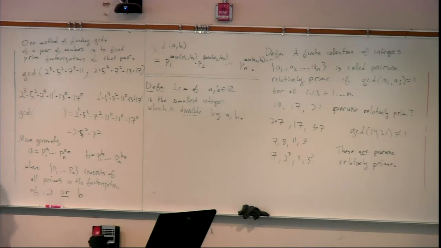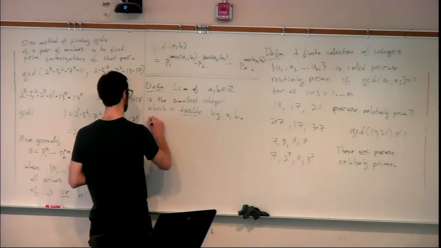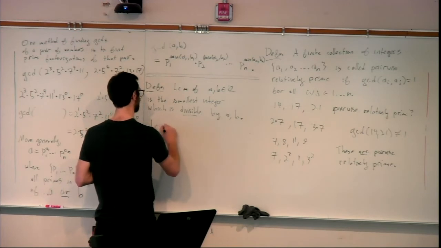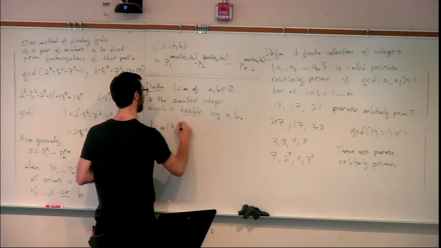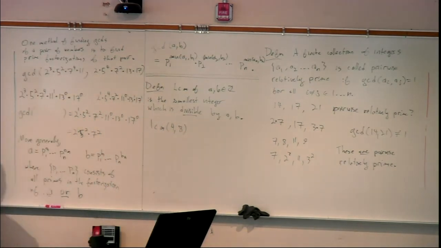So there are some very quick examples that we can start off with. Let's take two numbers which divide each other. So let's look at the LCM of 4 and 8. So I'm looking for the smallest number such that 4 divides that number and 8 divides that number. Well, 4 divides 8, so really this is only asking what is the smallest integer which is divisible by 8.